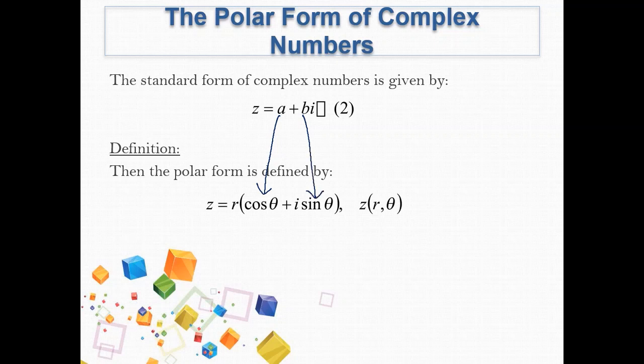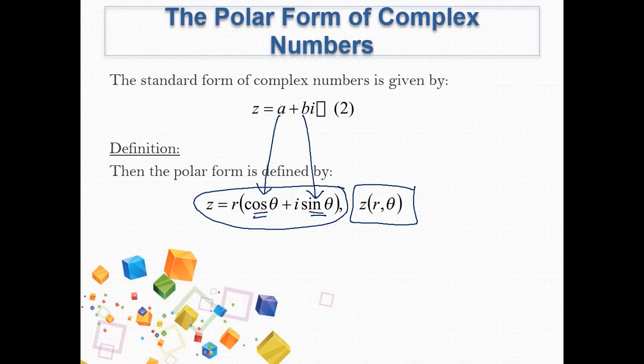Same goes to B. So sine is always your imaginary part, and cos will always be your real part. All the equation here we call it polar form. Alright, so remember this.